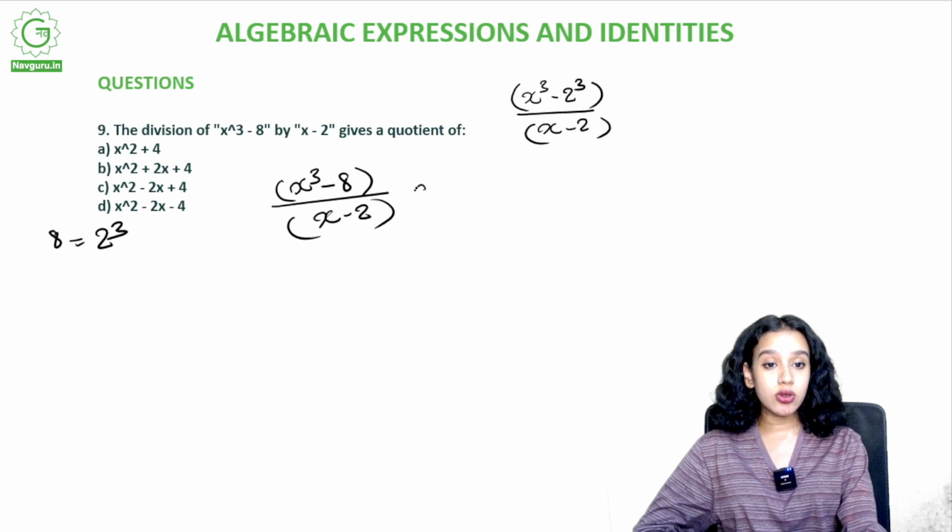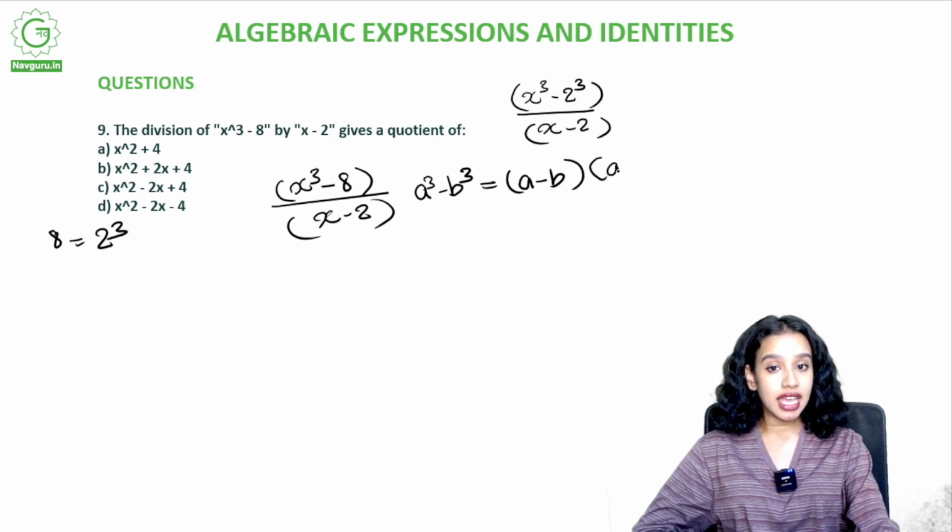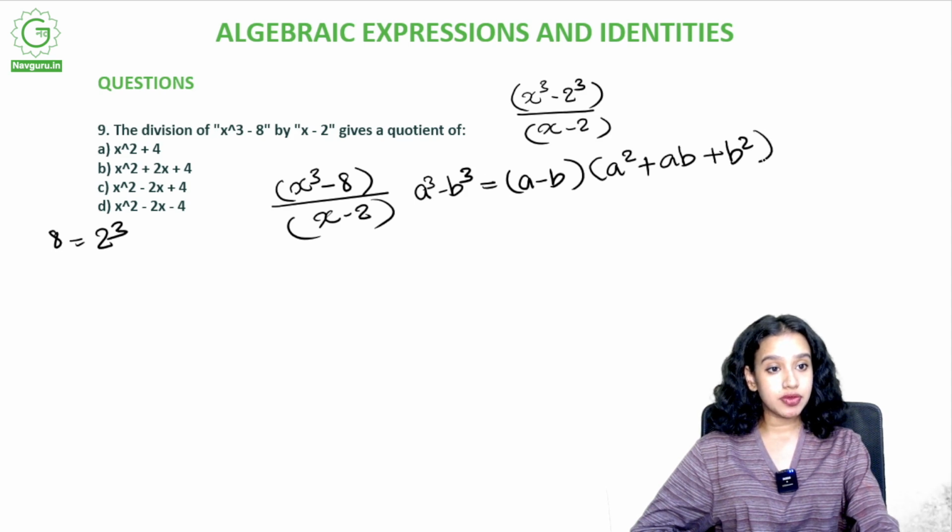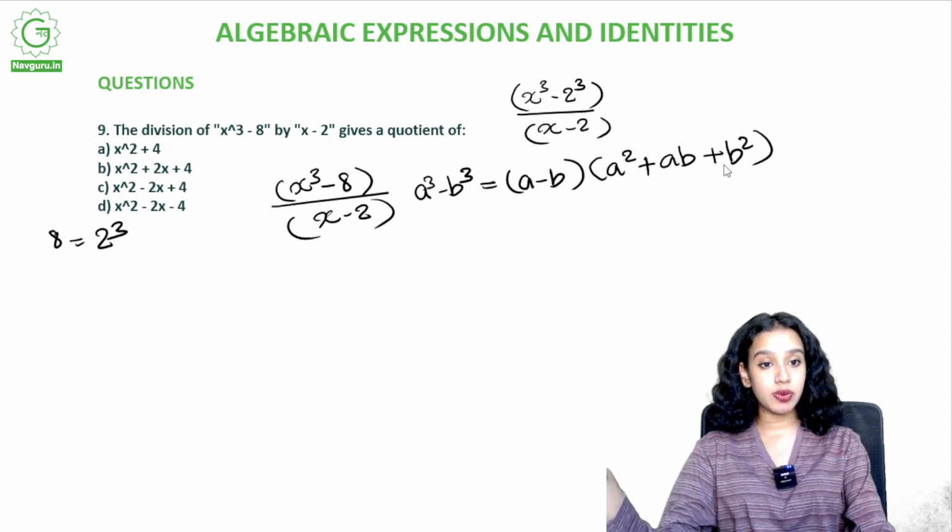And now we know the identity that a cube minus b cube is equal to a minus b into a square plus ab plus b square, right? This is the expansion we had.